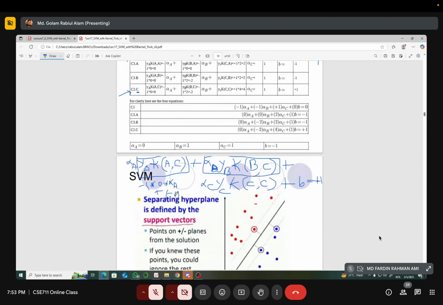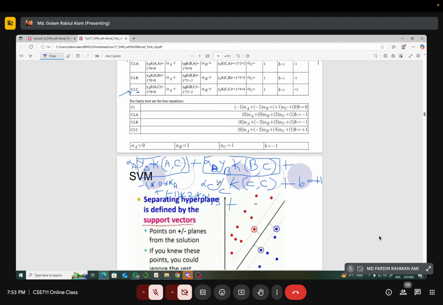So we will get here 2, and then alpha B plus alpha C, yC, and K of CC.